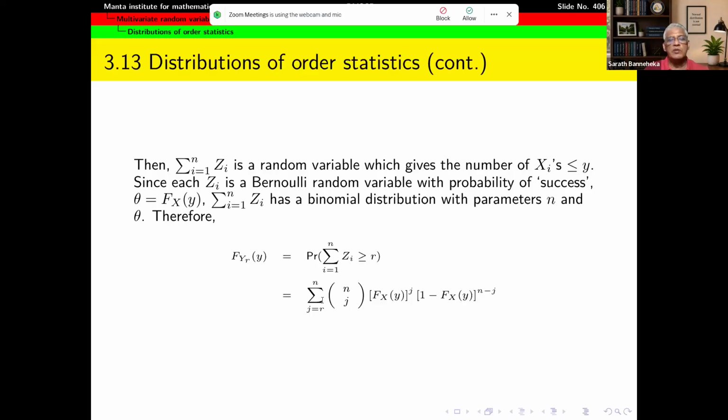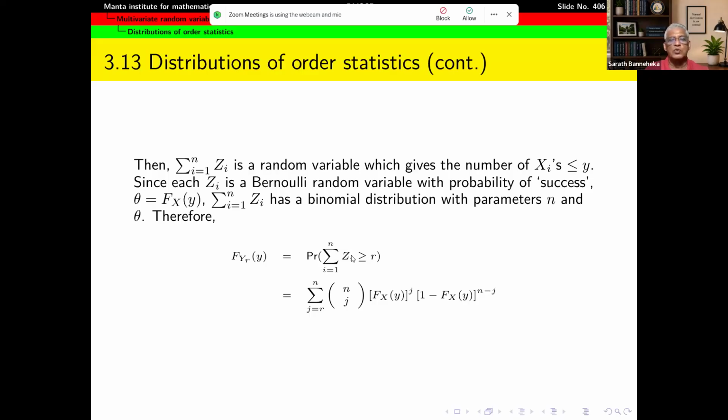So that is equal to the sum over j from r to n of the binomial probability, nCj theta to the power j, times 1 minus theta to the power n minus j. Because we want this to be greater than or equal to r.